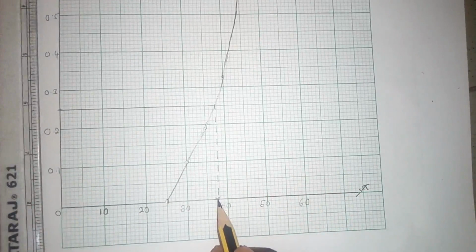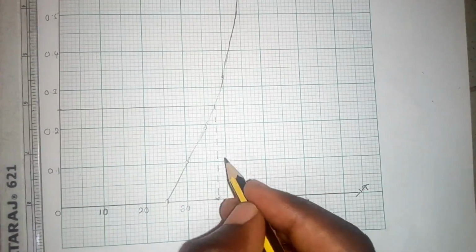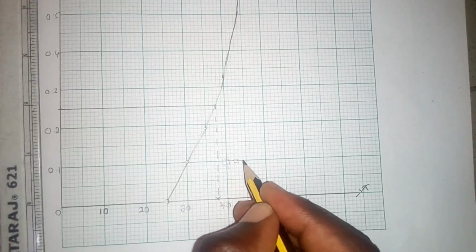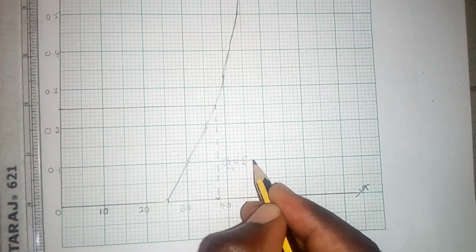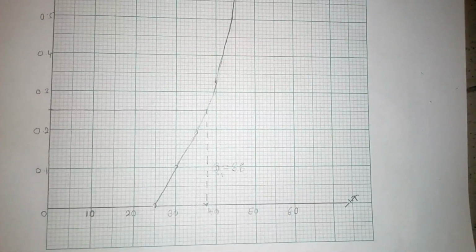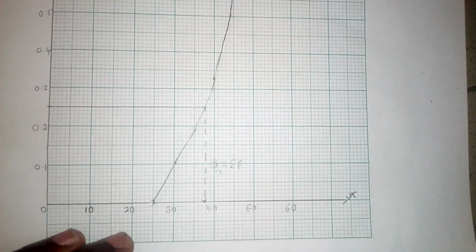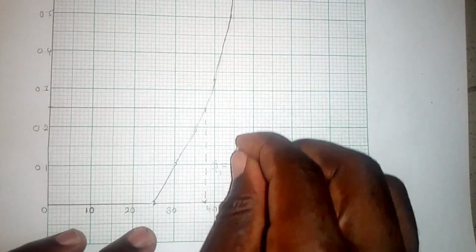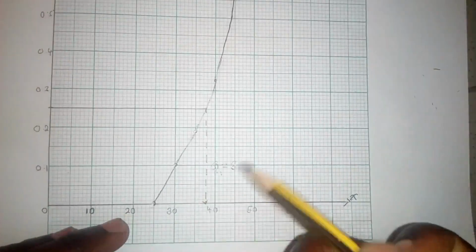So what number is here? If this is 30, 31, 32, 33, 34, 35, 36, 37, 38. So quartile 1 is 38.